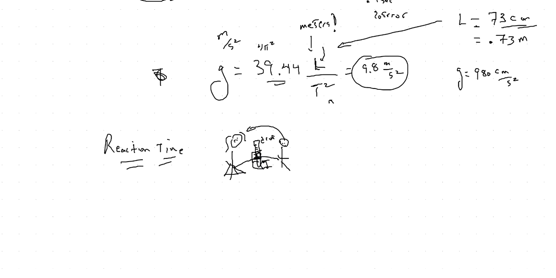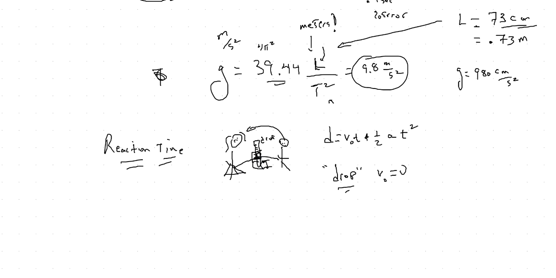Now remember, distance, from way up top in this lecture, is V0, the initial speed, times t, plus 1/2 a t squared. Now what are we doing? We're going to drop something. If we drop it, remember, V0, the initial speed, is 0.